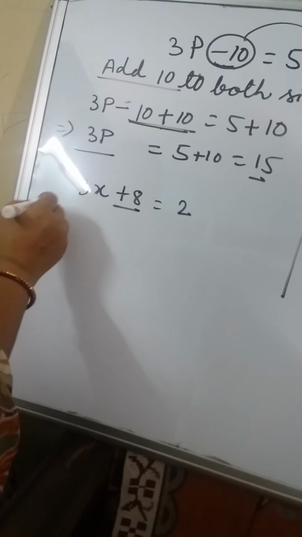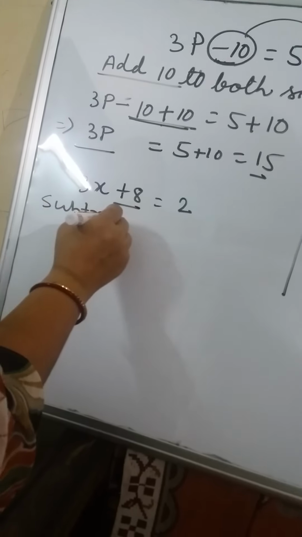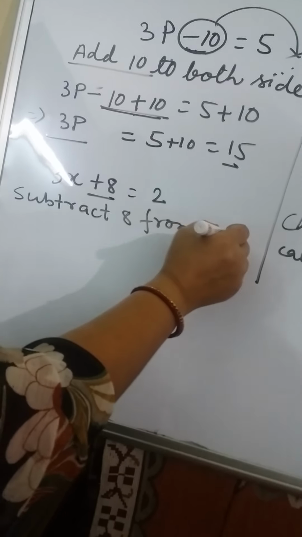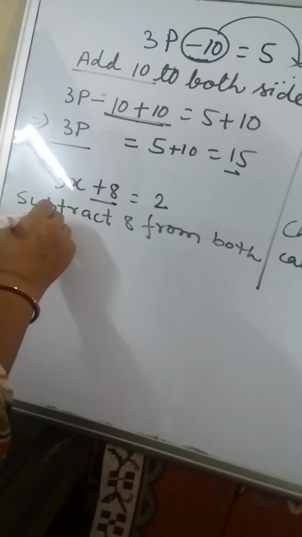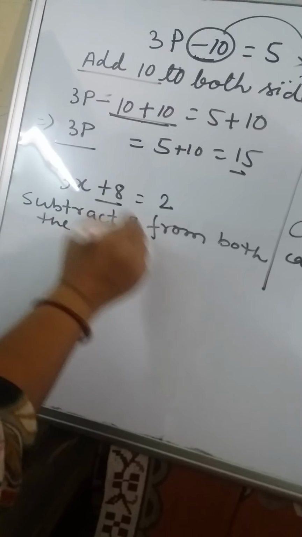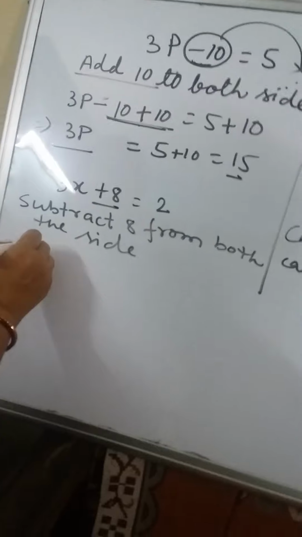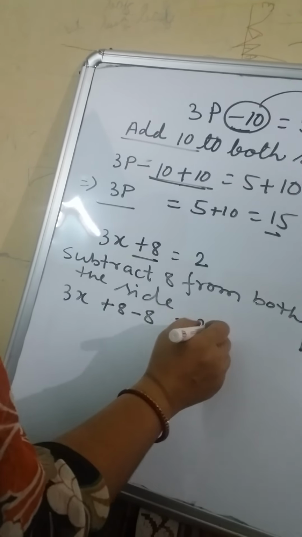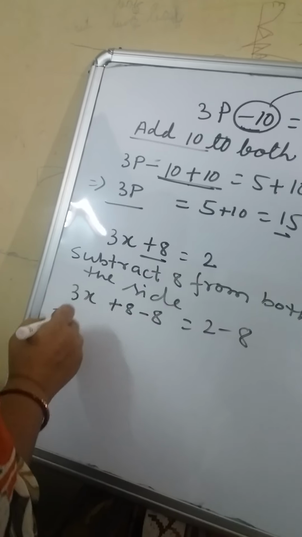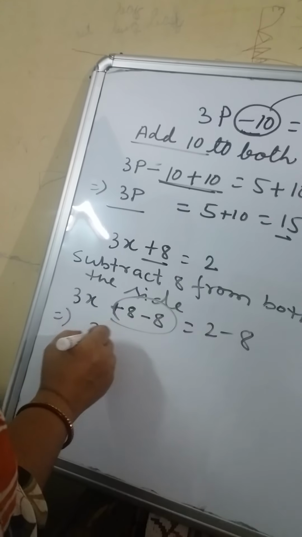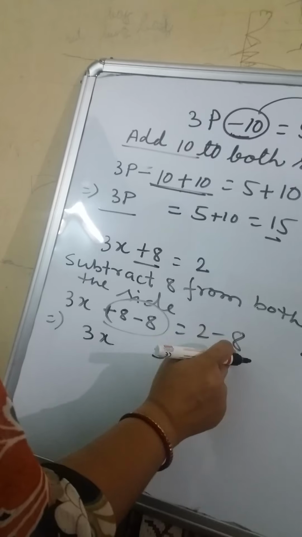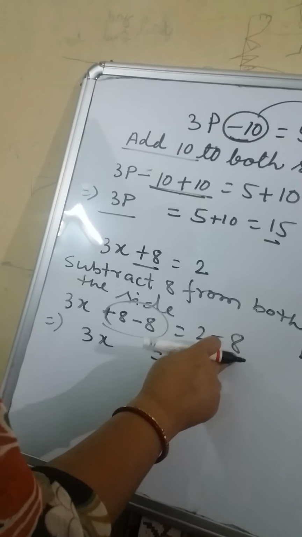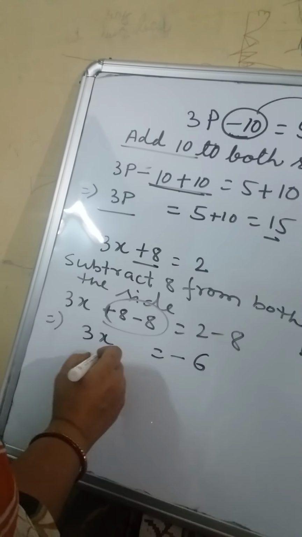That means subtract 8 from both the sides. What will it be? 3x plus 8 minus 8, 2 minus 8. It will become 0. So 3x, 2 minus 8: it is subtraction and 8 is bigger and having negative sign. So your answer will be this.